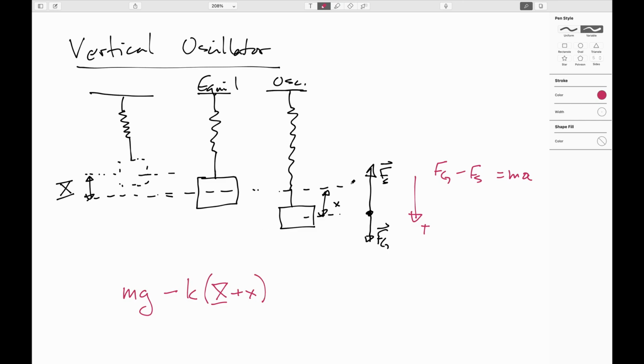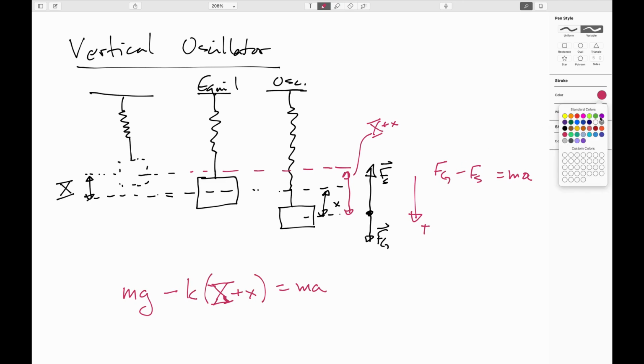So remember, the force of the spring is the spring constant times the stretch. We still have to measure it from the unstretched position. So this stretch is big X plus little x. All right, and that has to equal ma.